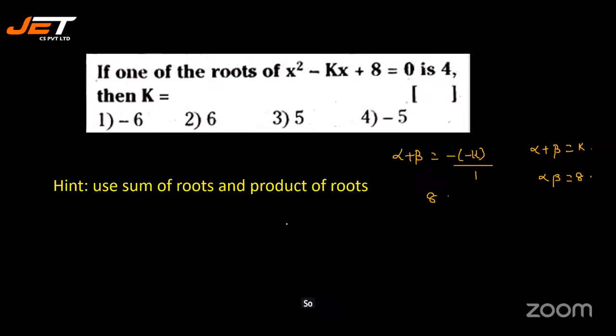So now with this, you will be able to find out what is alpha, what is beta. All right, I'm giving you time. Quickly, you can do it. One minute, I'm sure this will take.